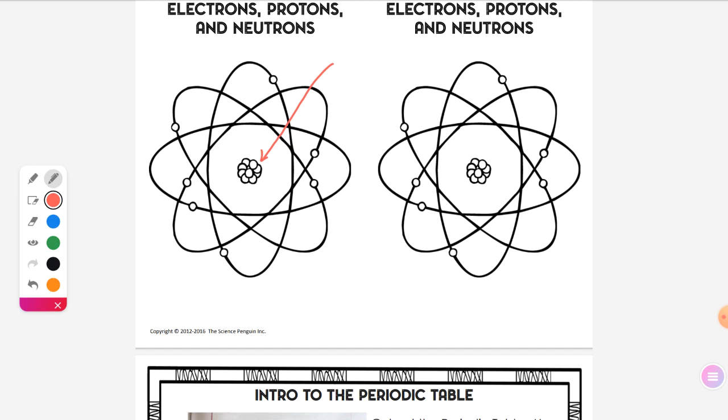It is... the molecule? Nope, not a molecule. It is called the nucleus. The nucleus is the center of an atom. It is made up of protons and neutrons.